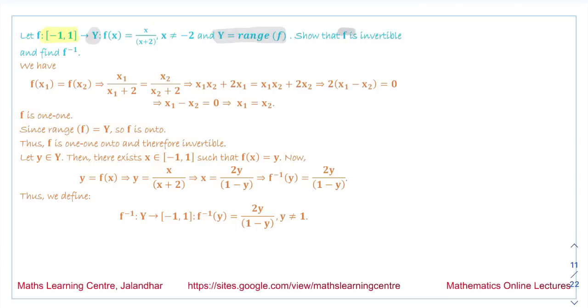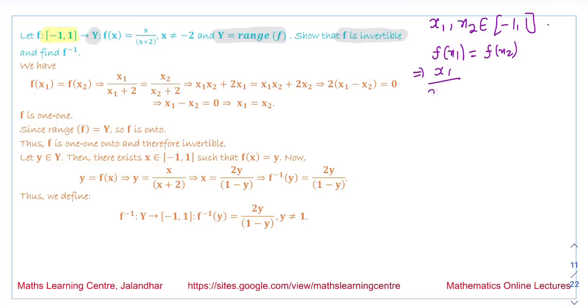We have to show that the function f is invertible, and we have to find the value of f inverse. To prove that this function is invertible, first of all we prove that this function is 1-1. So we consider two elements x1 and x2 that belong to the closed interval -1 comma 1, such that f(x1) is equal to f(x2).